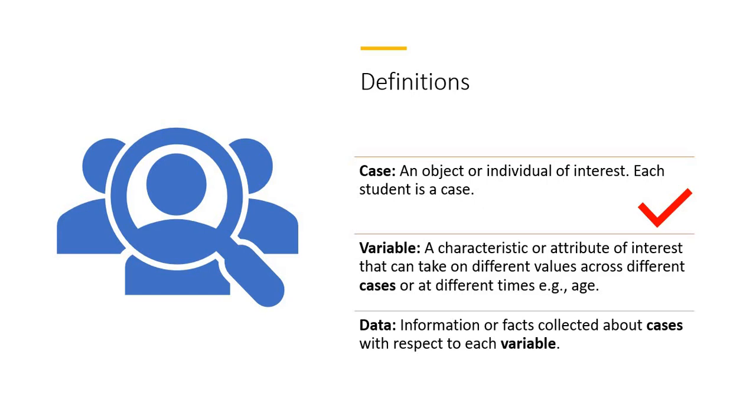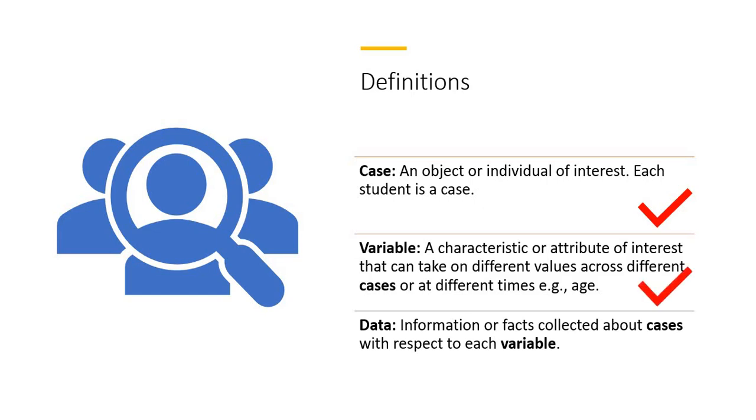Or it is something that can have a different value at various points of time. For example, if a student is 20 years old, the same student will be 21 years old the next year. This is something which we call a variable.